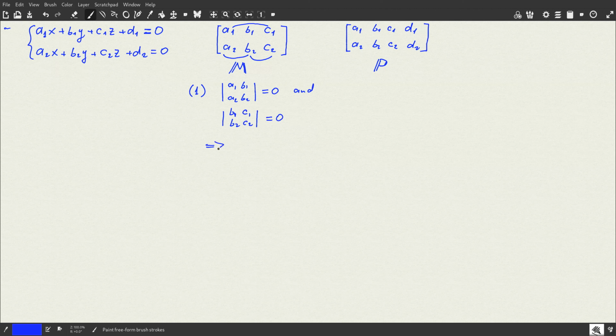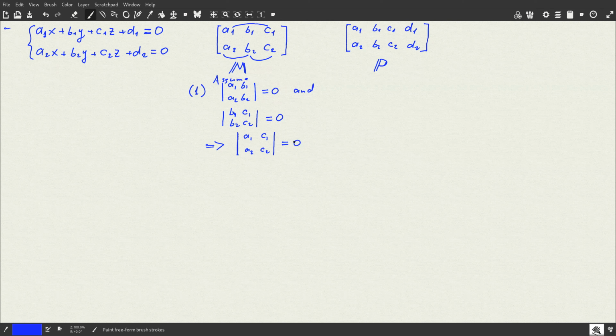This implies that the third determinant will be 0 as well. Then A1, C1, A2, C2, so that's what we assume. That these two minors have 0 determinants, and then this determinant is also equal to 0.